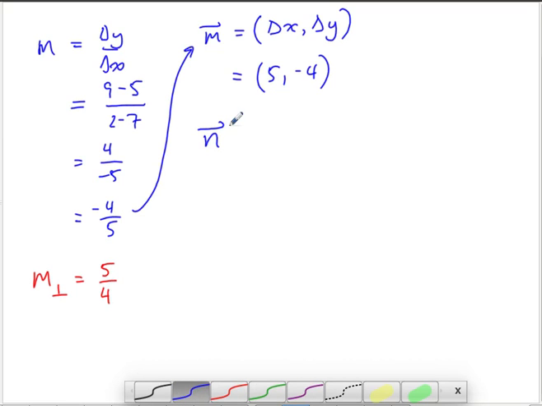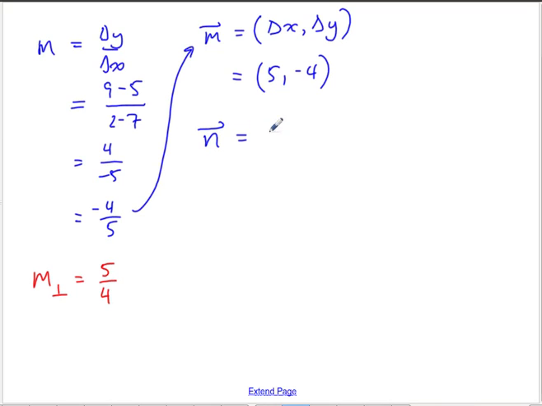And so my normal is actually going to be the delta x from the perpendicular and the delta y from the perpendicular. In other words, the normal direction vector is perpendicular to the original direction vector. So in this case, my delta x is 4 and my delta y is 5.